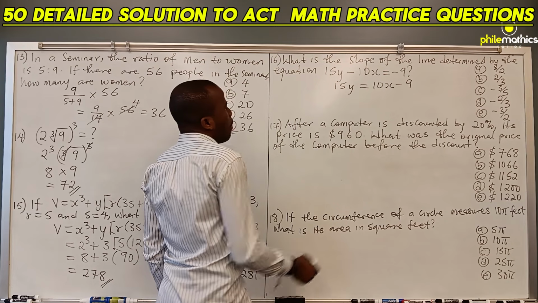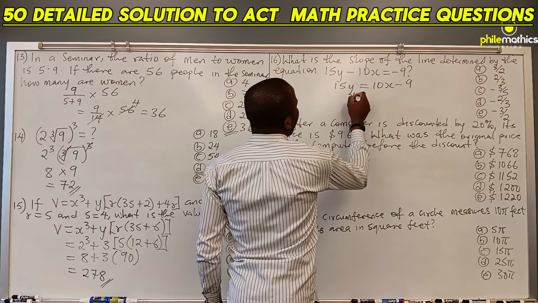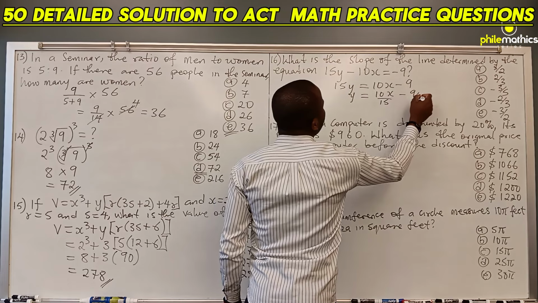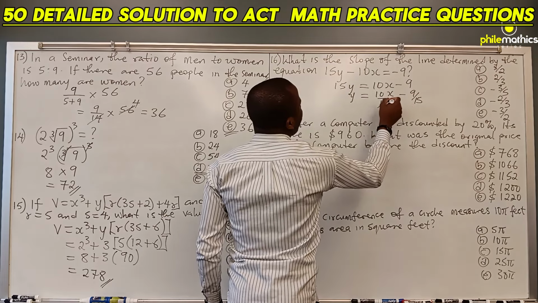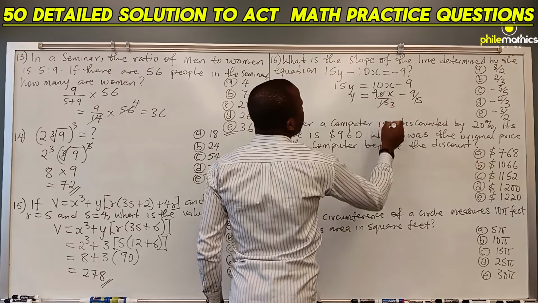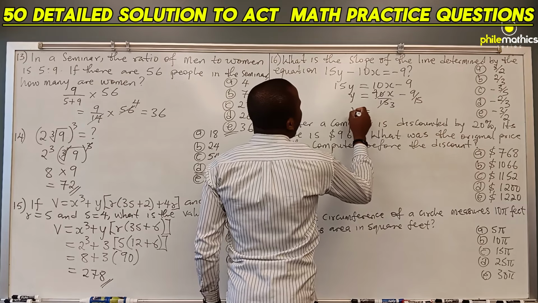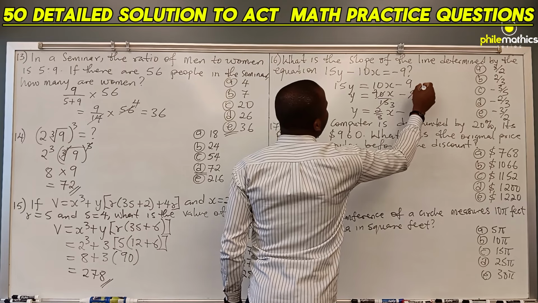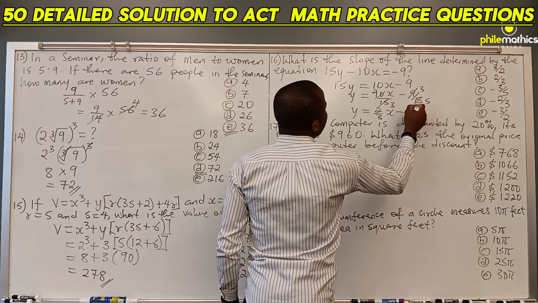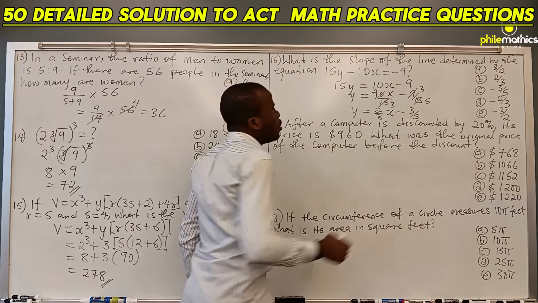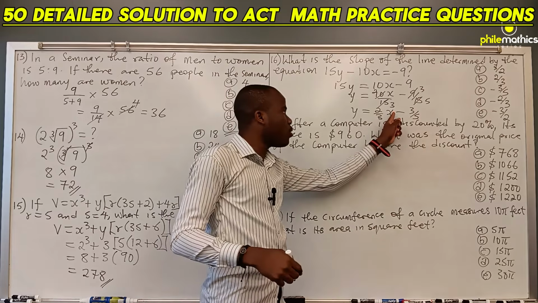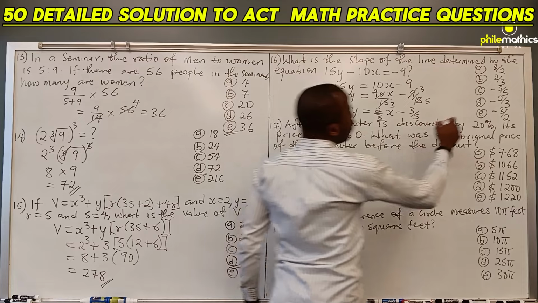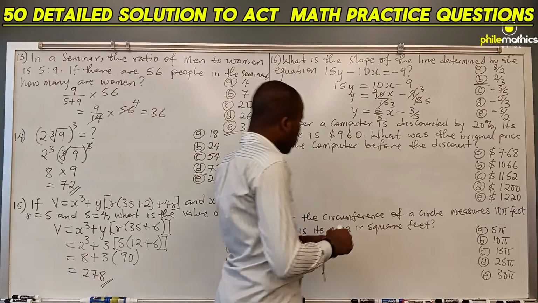Divide through by 15, I'll have y equals 10x over 15 minus 9 over 15. 5 can go here 3 times, 5 can go here 2 times. So I'm left with 2 over 3x minus, 3 can go here 3, 3 can go here 5, 3 over 5. The slope is the coefficient of x, which is 2 over 3. So the slope is 2 over 3, which is B.